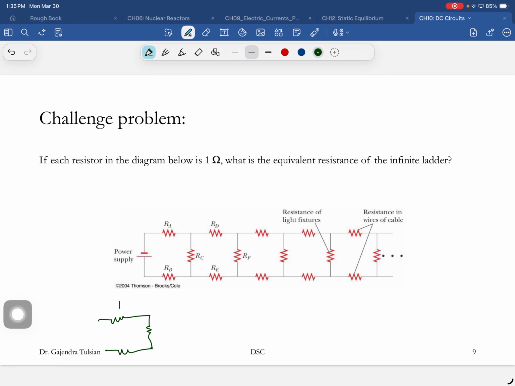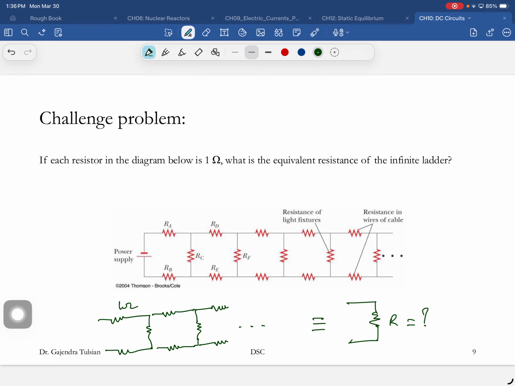Here's a branch, here's a branch. In a given branch, the current flowing is the same through all elements in the branch. So solving a circuit will mean finding the currents through each branch, and these two rules help you do that.